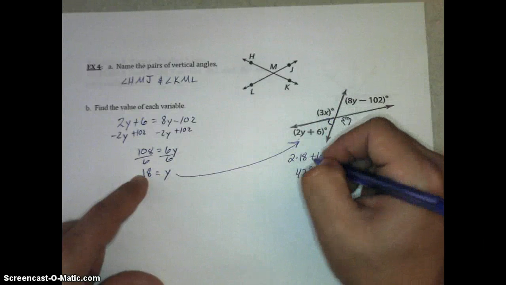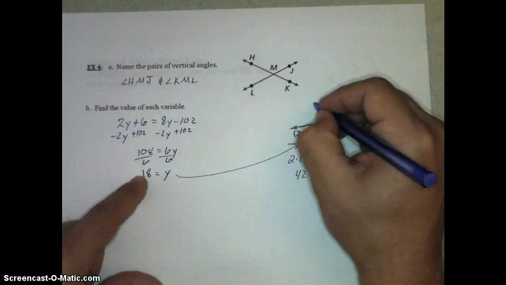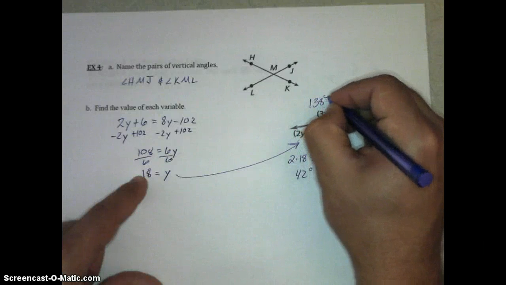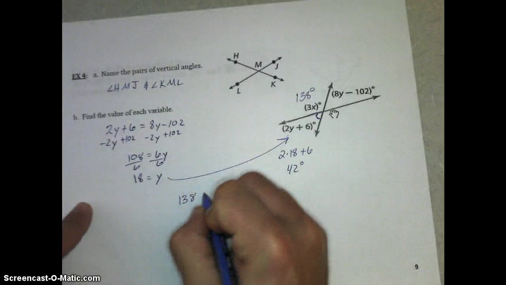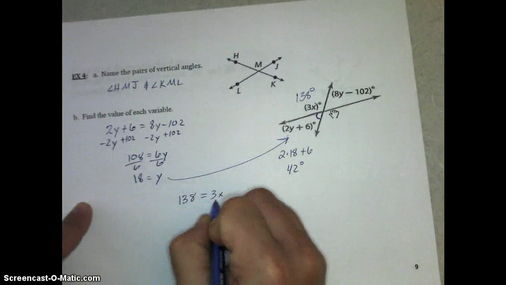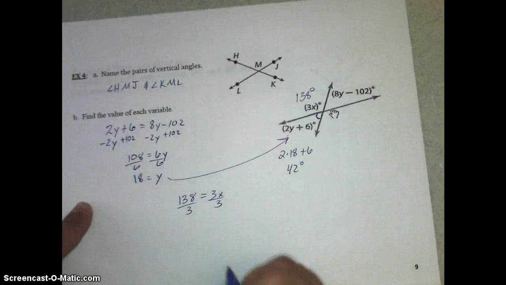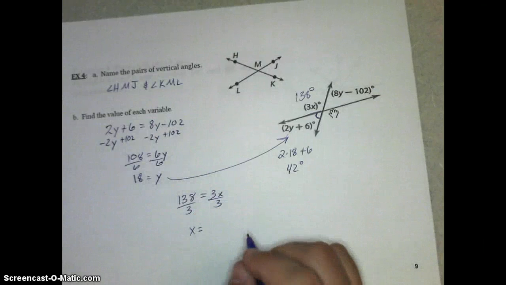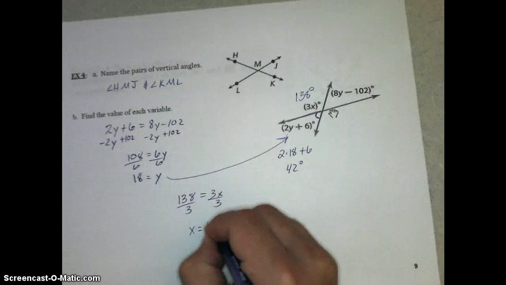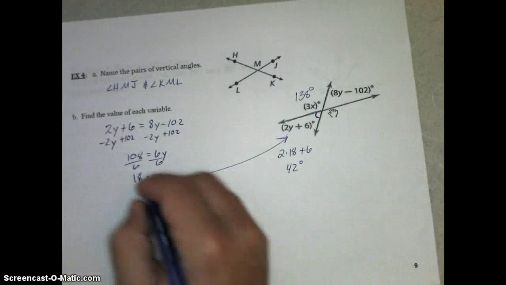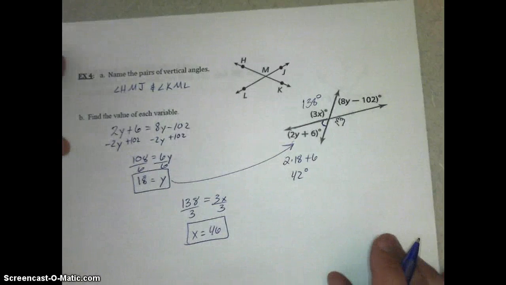So I can take 42 away from 180, and this gives me 138 degrees, which is the same as 3x. So to find x, I simply say 138 equals 3x, divide by 3 on both sides, and we get that x is 46. So x is 46 and y is 18.